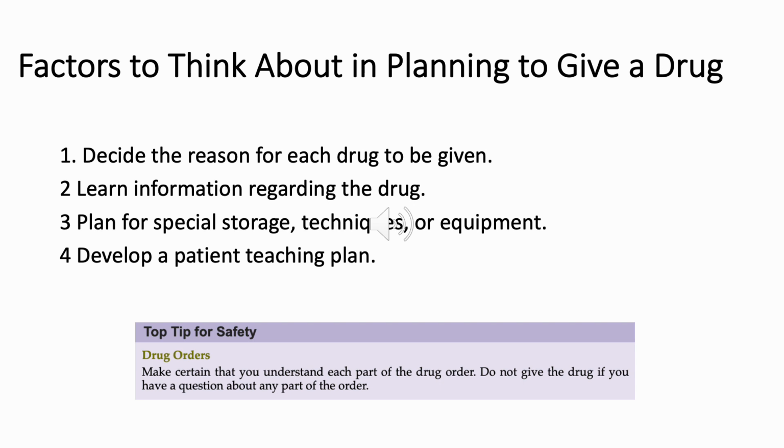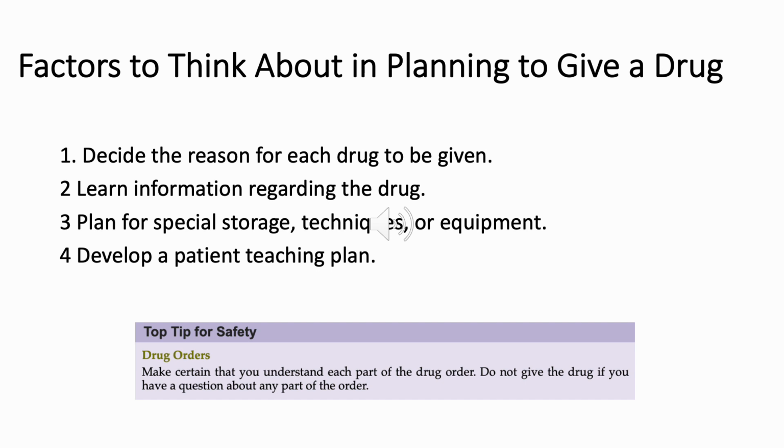The planning step of the nursing process is also the time to gather any special equipment you will need to give the drug, such as intravenous, IV infusion pumps, alcohol wipes, or nebulizers.